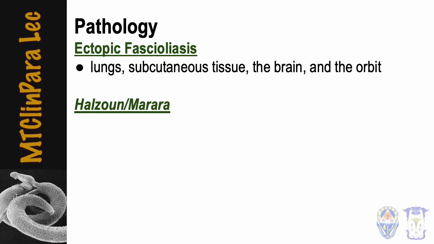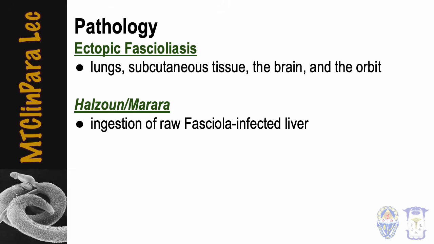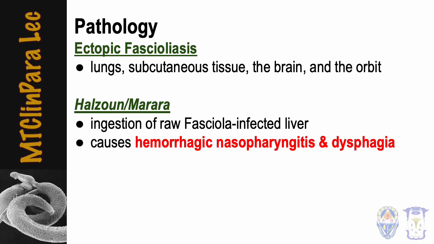Halzoun and Marrara is the term for ingestion of raw Fasciola-infected liver, which causes hemorrhagic nasopharyngitis and dysphagia. Nasopharyngitis is an inflammation of your nasal passages and pharynx. Since this is hemorrhagic, expectoration of blood from your nose is very evident.